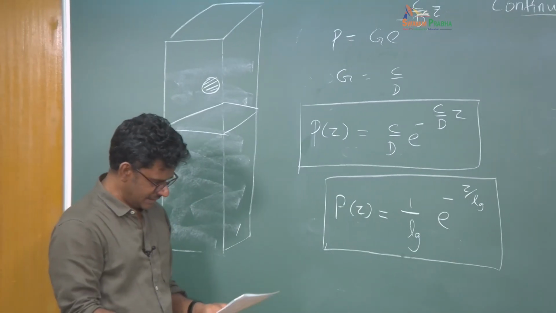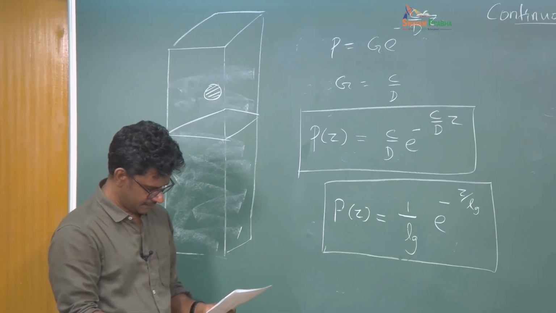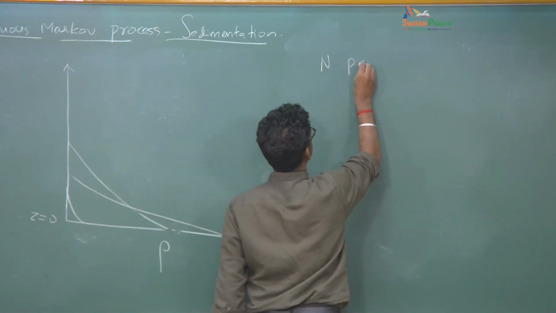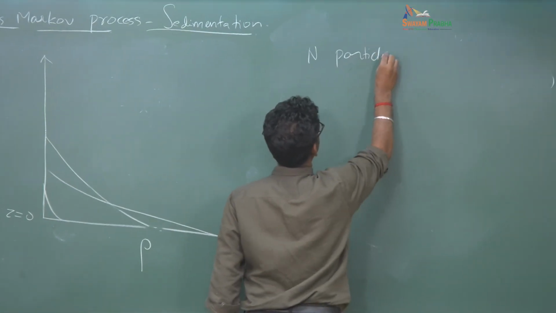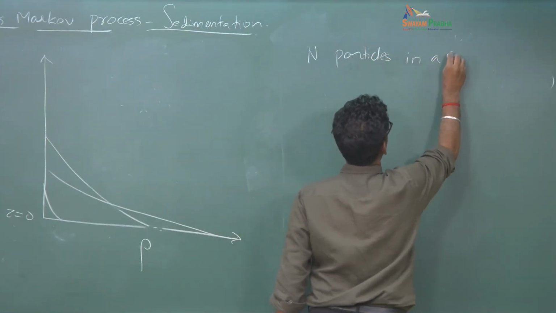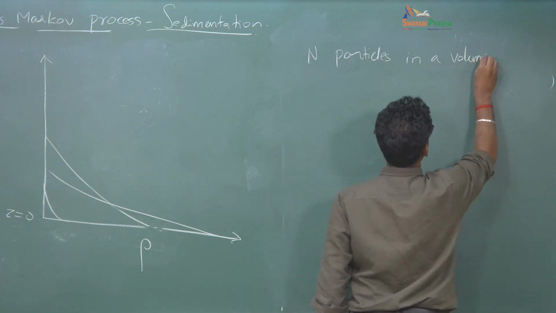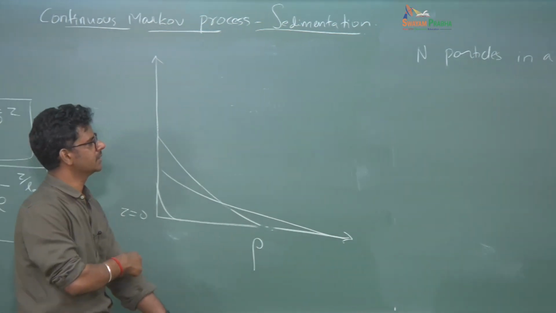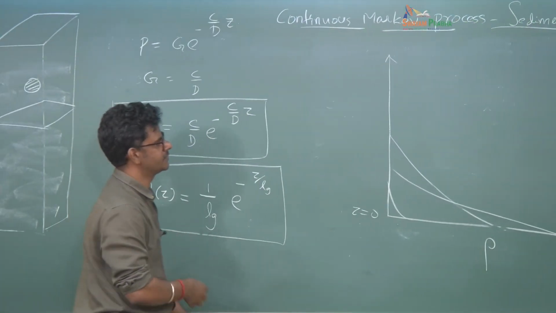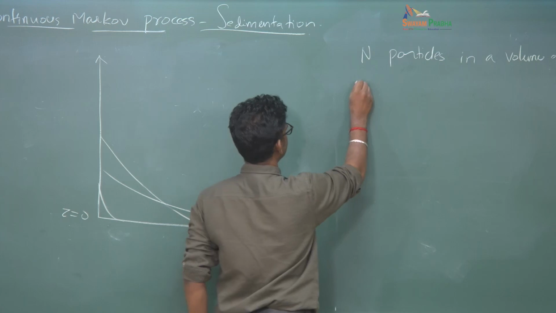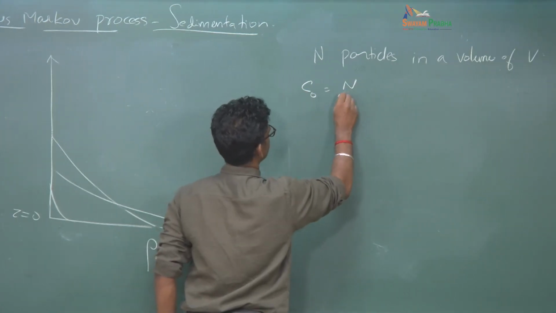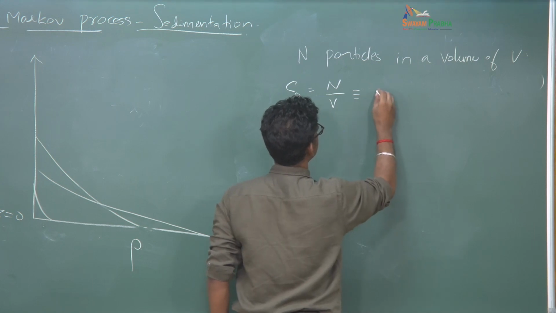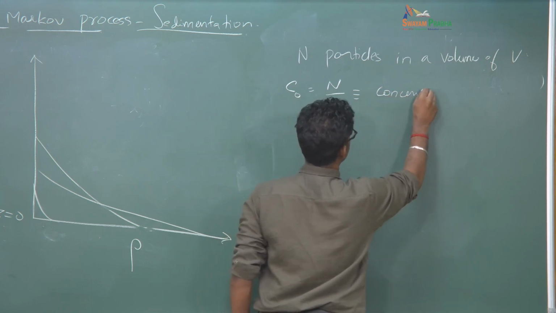Let's say that initially you have n particles in a volume of V. That's the volume of the liquid in which n particles are dispersed. So we can define C naught as n by V. This is the concentration we define.